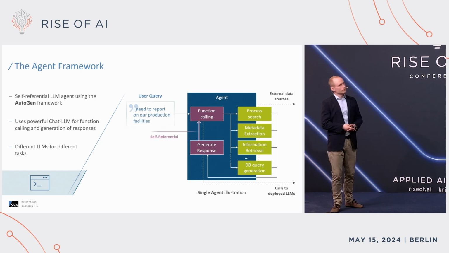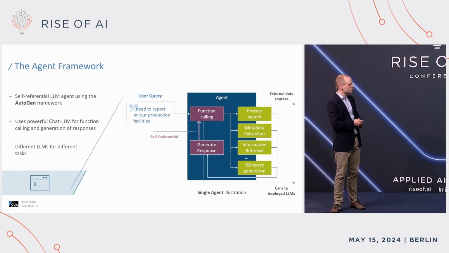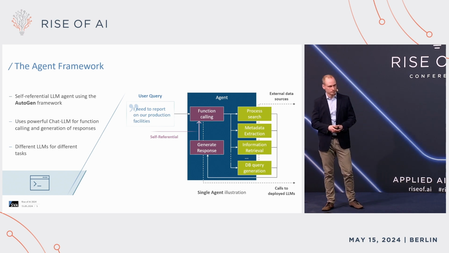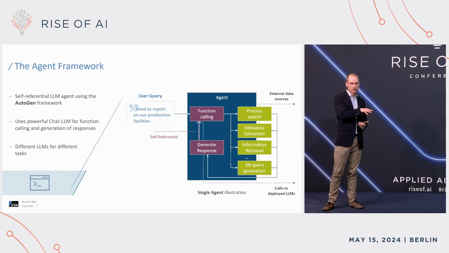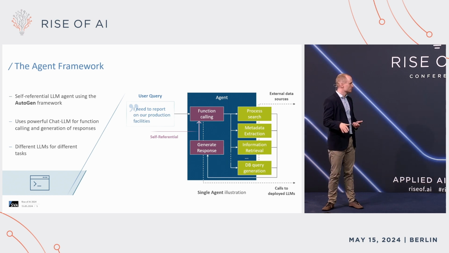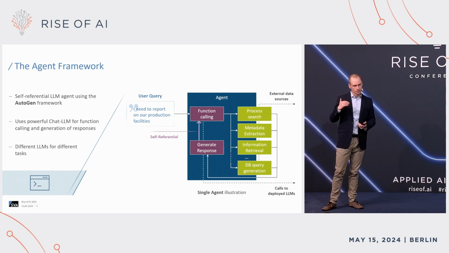So you have different functions which have to be defined, and the agent maps the query onto these functions so that you can then execute the functions and get the answer.